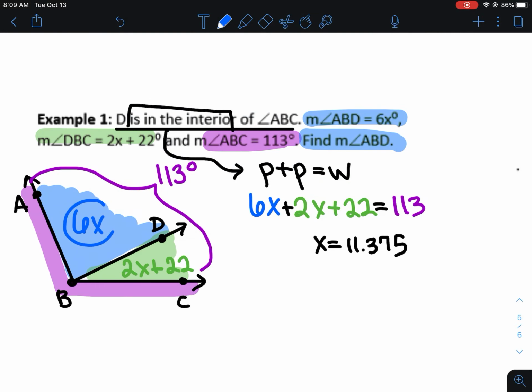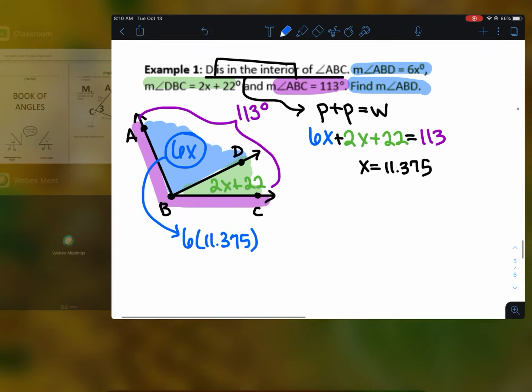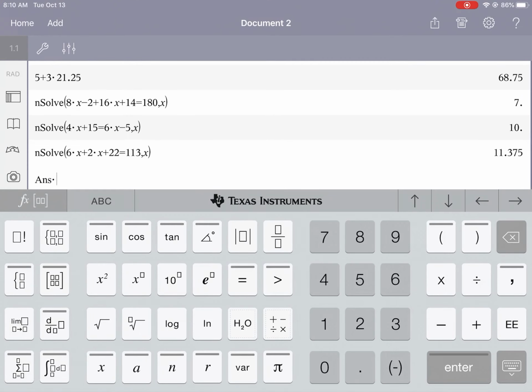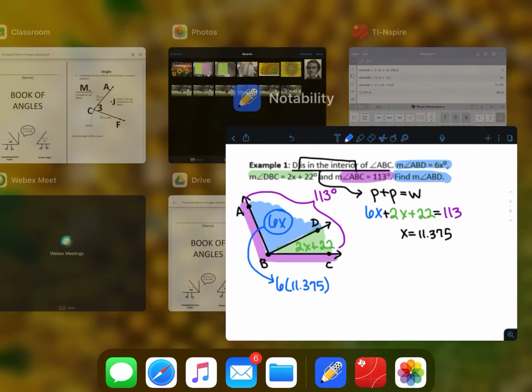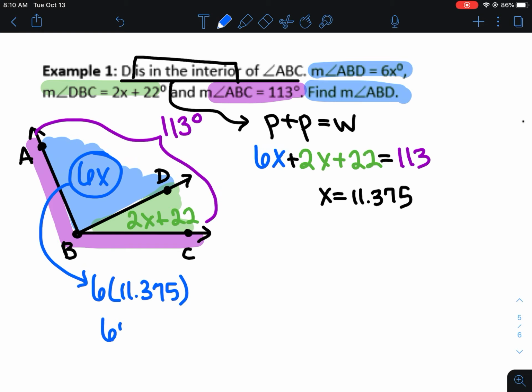So we have 6x. Let me go ahead and plug that in. So that's 6 times 11.375. Okay, let me do that on the calculator. So if you just hit the times button, it automatically brings up the previous answer. So I get 68.25. Okay, so that's what I got for that one.